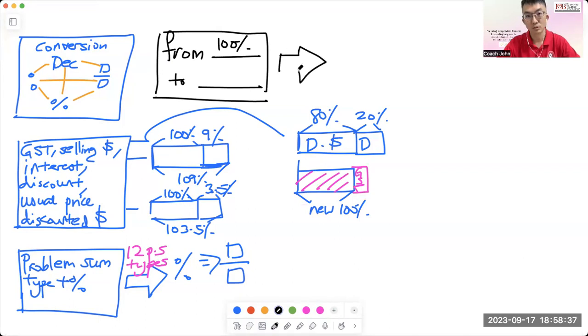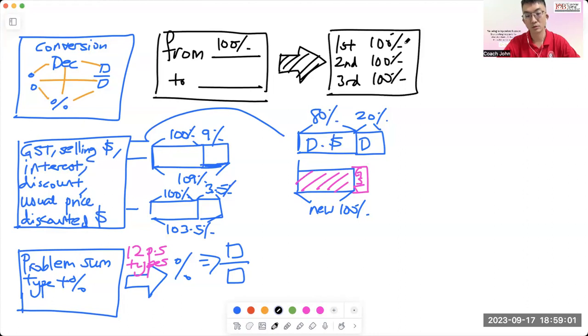So take note of questions that require you to manage the first 100%, the second 100%, and the third new 100%. Just be mindful of all this, because for questions that deal with different 100%, most of the time each of them has a different value, and you need to be very mindful how to tackle them.